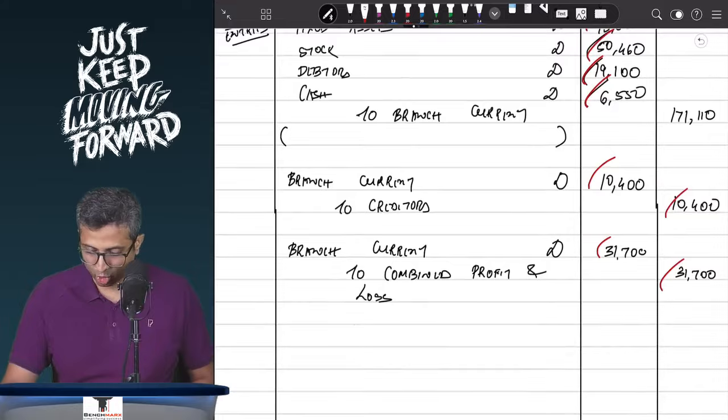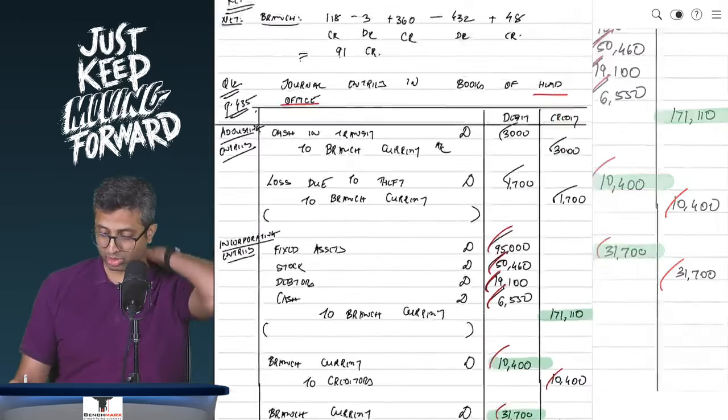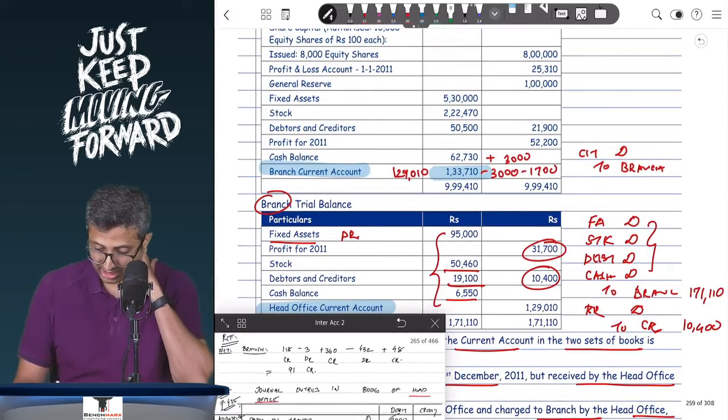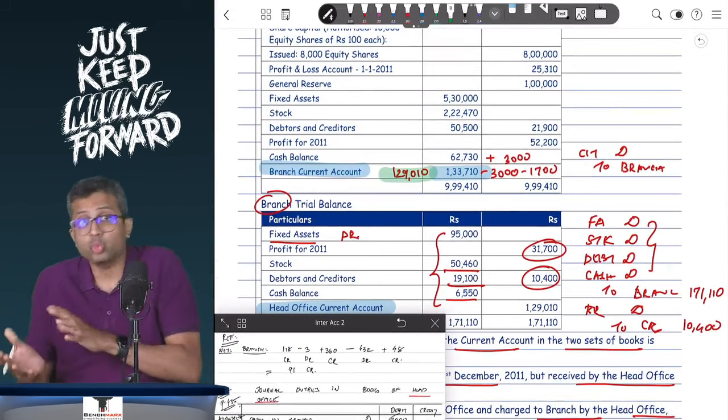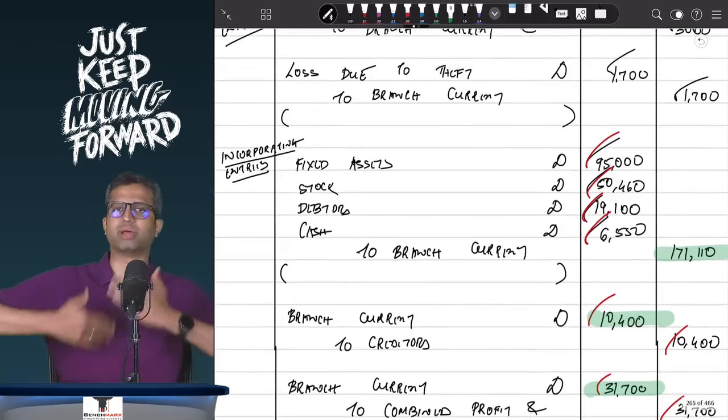So if I go to see credit, debit: 171,110 credit, minus 10,400 debit, minus 31,700, and hence this is exactly 129,010. So this 129,010 which is there on the debits will get negated when all of these assets and liabilities are taken over, like in amalgamation or consolidation.